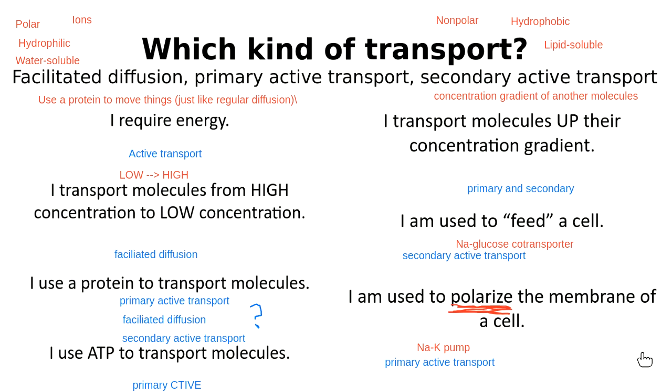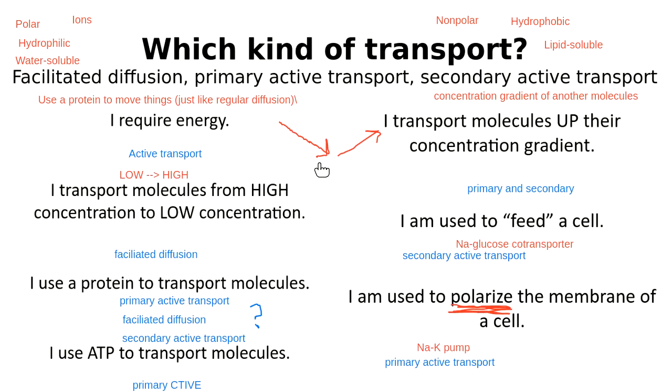Oh yeah, okay. So Jacqueline did bring up a good question. I forgot to go back to that. So the question is, when we talk about secondary active transport, we're using the concentration gradient of one molecule to move another. So in secondary active transport, let's draw some lines. Somebody goes from high to low. That allows somebody else low to high.